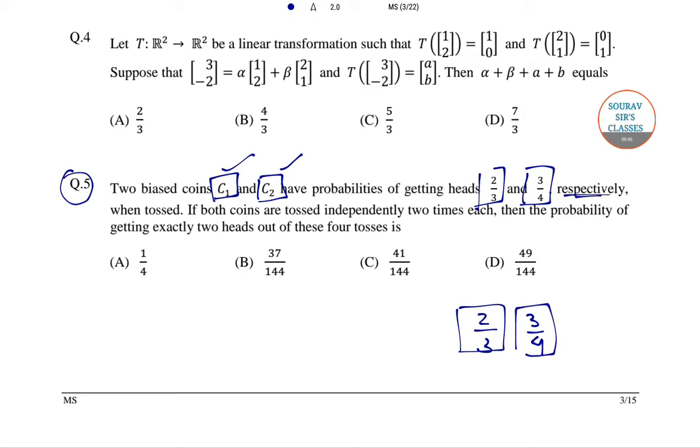Now, both coins are tossed independently, two times each, and the probability of getting exactly two heads out of these four tosses is given by four options, out of which we need to find the right answer.